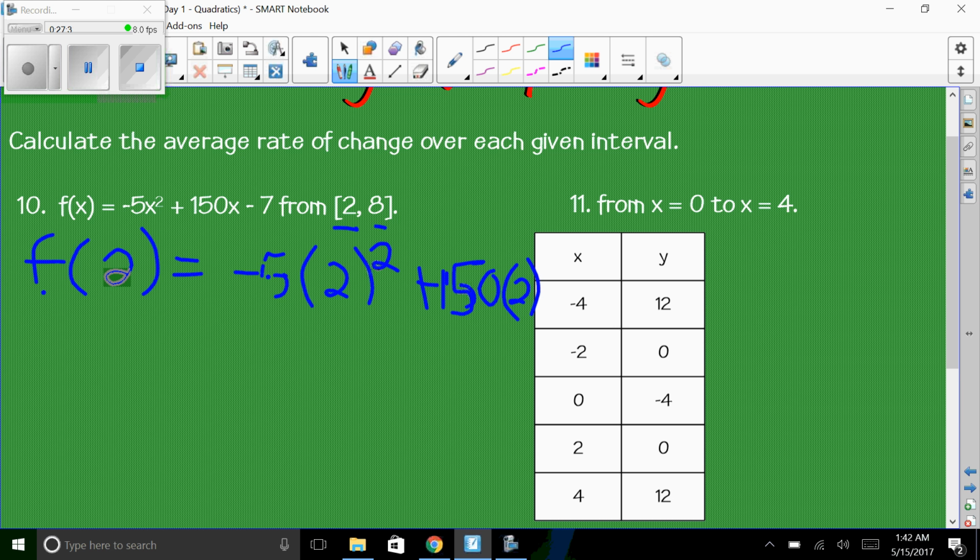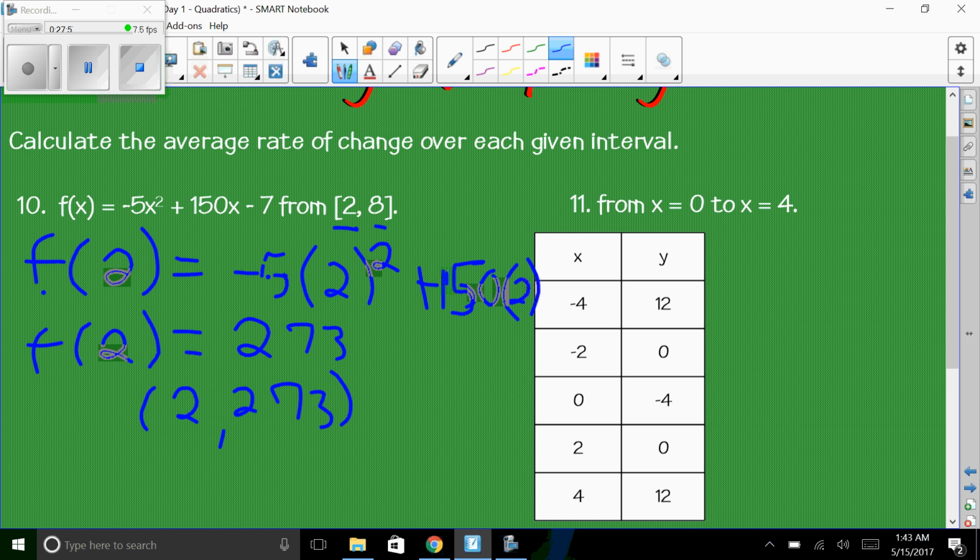You can plug that all in your calculator and you'll get f of 2 equals 273. So you can think of this as a coordinate, 2 and 273.